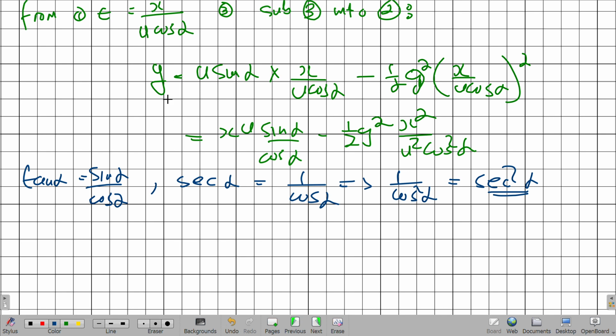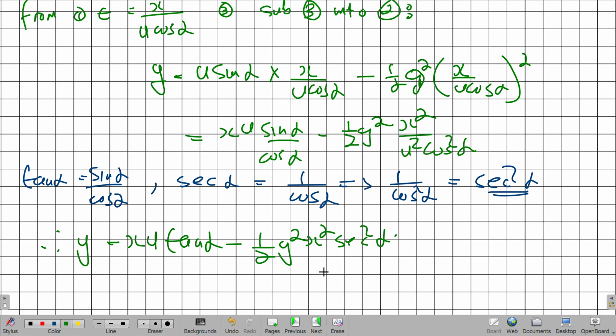So we can now substitute this and say, therefore, y is equal to x tan alpha minus half g x squared over u squared times sec squared alpha. There's no need for us to say over sec squared, because I've already indicated that 1 over cos squared is sec squared, so this should actually read sec squared alpha.